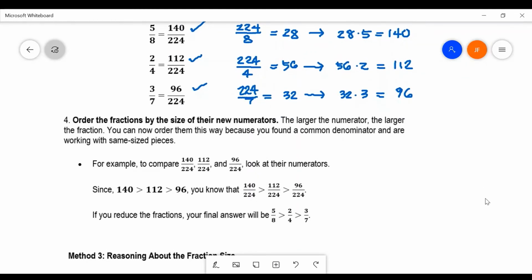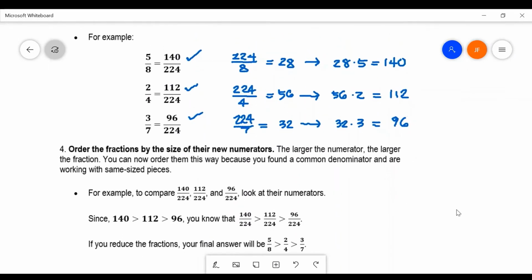The ordering. Order the fractions by the size of their new numerators. The larger the numerator, the larger the fraction. You can now order them this way because you found a common denominator and are working with the same size pieces.